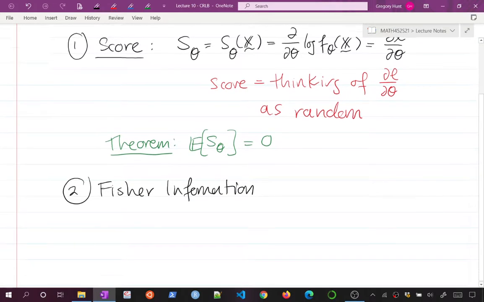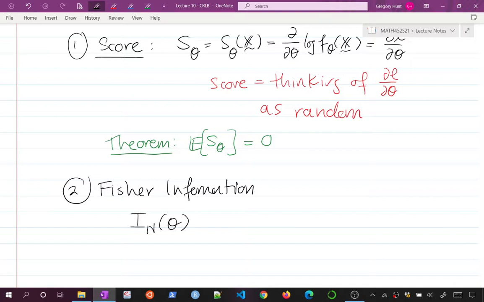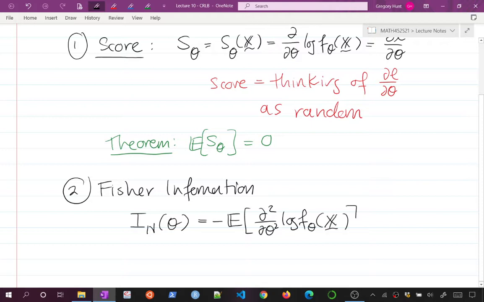And the Fisher information had various definitions. Let's say that the information from n samples about a parameter theta, so the Fisher information contained in n samples about a parameter theta, denoted I_n of theta for information, is defined as, and there are a couple definitions we can give, one definition is negative the expected value of d squared d theta squared log f theta of my random sample.